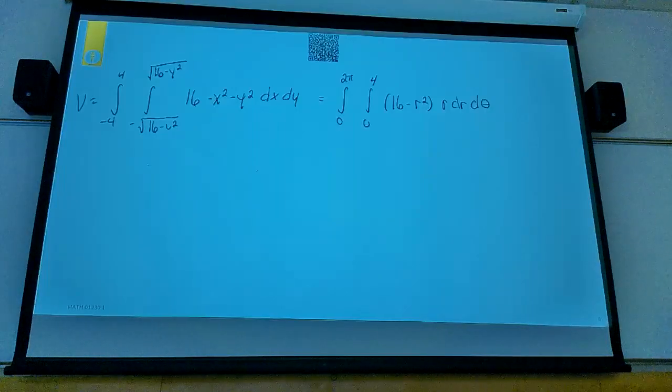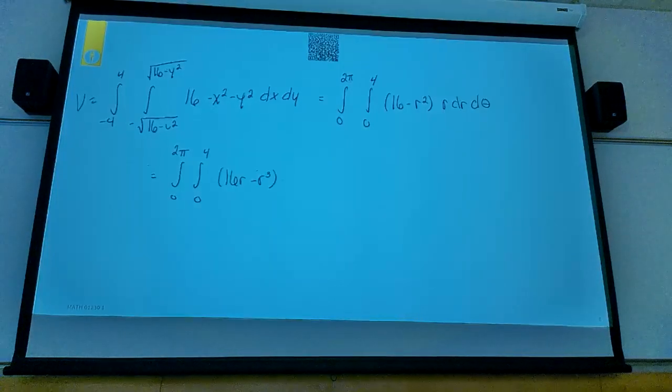But until you really get the hang of it, just do it one step at a time. The integrand was 16 minus x squared minus y squared, so what is that now? 16 minus r squared. Then what is dA? r dr d theta. There is the conversion.